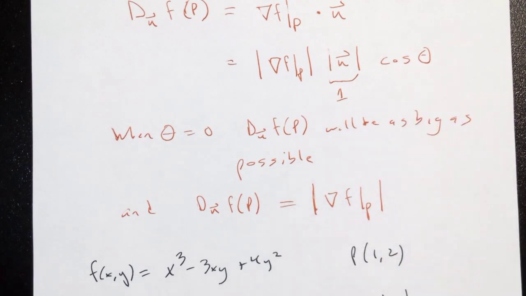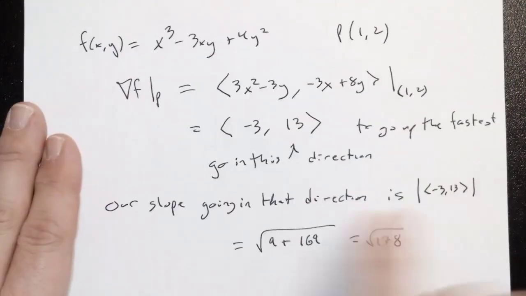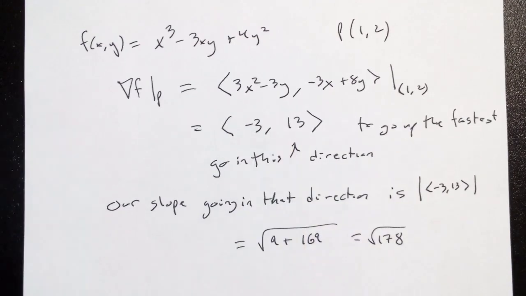What's the smallest you can get for cosine of theta? -1 at 180 degrees. Well, wait a minute. 180 degrees away from this is the opposite side of the same line, isn't it? So I know the direction we go down fastest as well as up fastest. If going in this direction is the fastest up, then going exactly the opposite way is the fastest down.